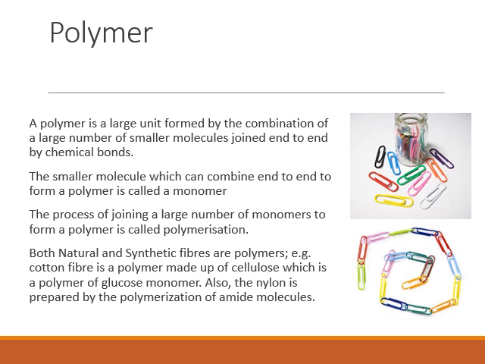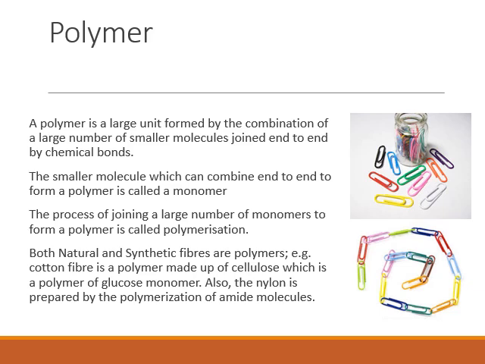So all the fibers, both natural and synthetic fibers, are polymers only. For example, a cotton fiber is a polymer which is made up of cellulose, which in turn is a polymer of glucose monomer.